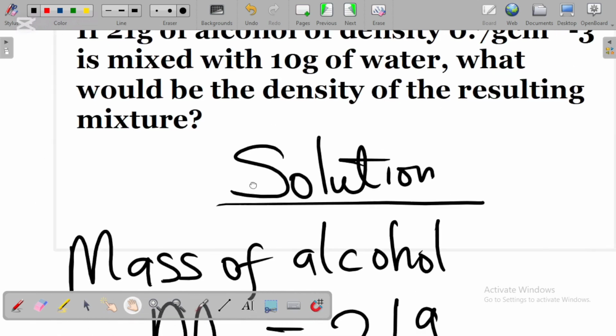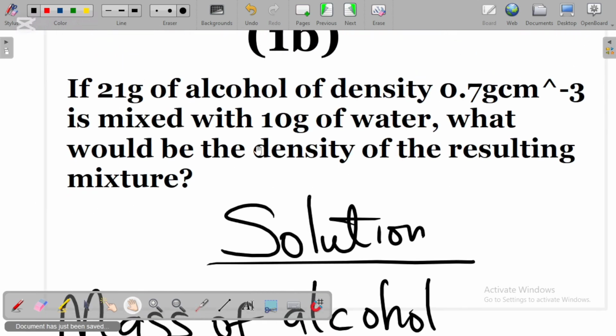Alright, so let's check again. What would be the density of the resulting mixture? Now remember that 21 grams of alcohol was mixed with 10 grams of water, and we are given the density of alcohol alone. So we don't have the density of water yet, and we are asked to find the density of the mixture.